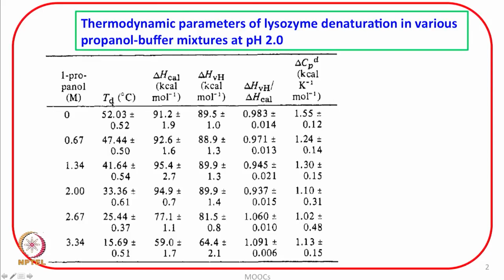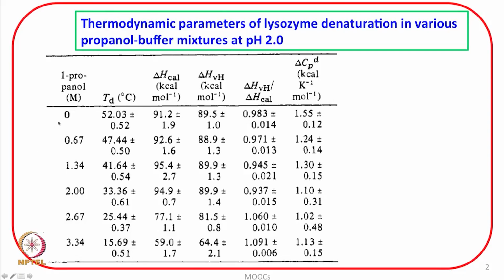Please note here that in literature different symbols have been used to represent transition temperature, Tm, T half or Td, but we should be able to recognize that these are transition temperatures.